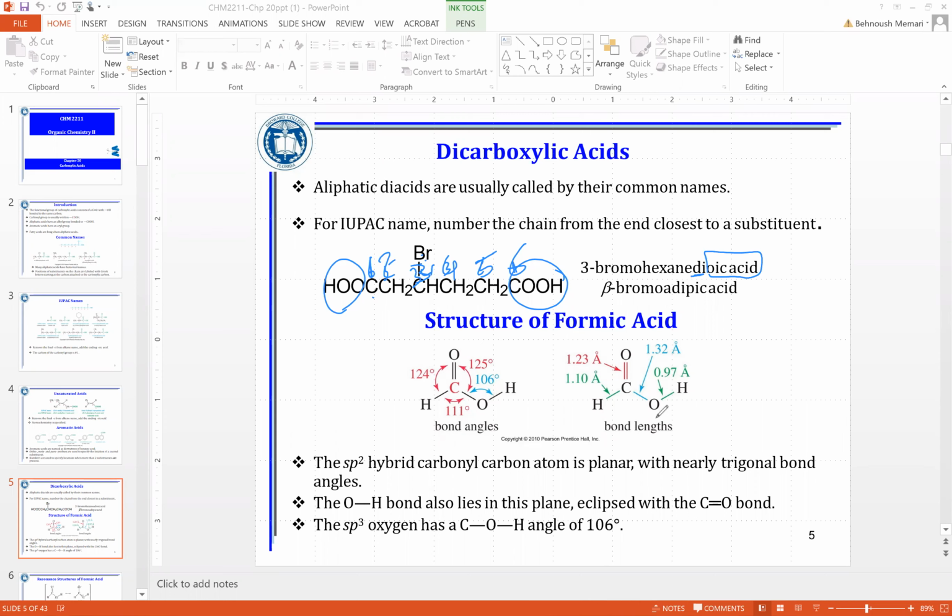If you look at the structure for the carboxylic acid, or the formic acid as the simplest, formic acid or methanoic acid is the first member, the smallest member, and the hybridization of the carbon is sp2.